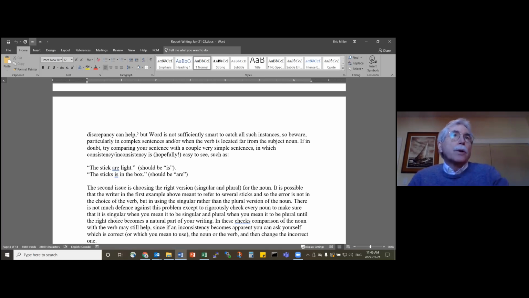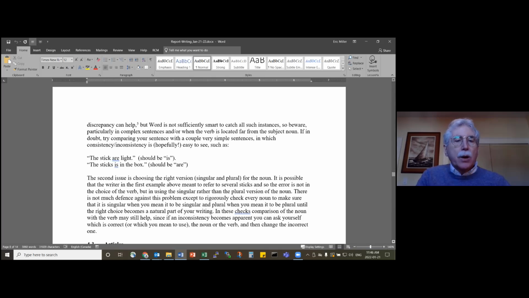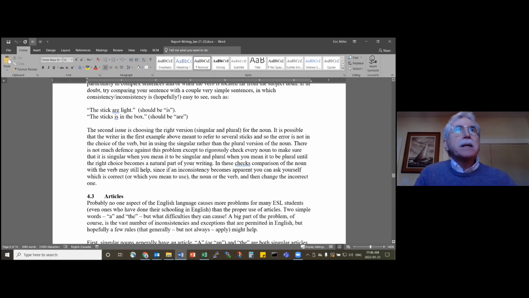You actually meant to refer to a bunch of sticks, but you used the singular noun instead. So maybe it's a typo or a mistake on the noun side, not the verb side. I guess that's another way of putting it. So again, one has to ask, am I talking about a group of things, plural, or a singular thing?